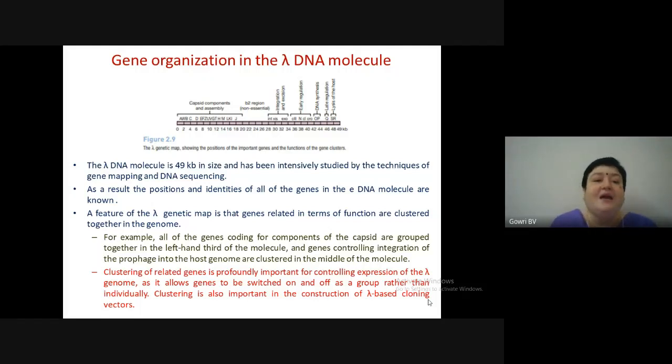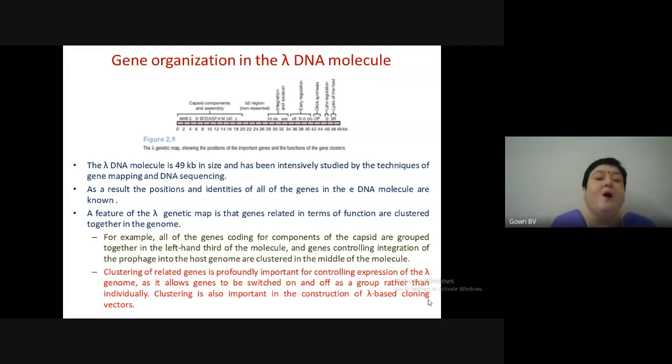The lambda DNA molecule is 49 kilobase in size and has been intensively studied by the techniques of gene mapping and DNA sequencing. As a result, the positions and identities of all the genes in the lambda DNA molecule are known. A feature of the lambda genetic map is that genes related in terms of function are clustered together in the genome.